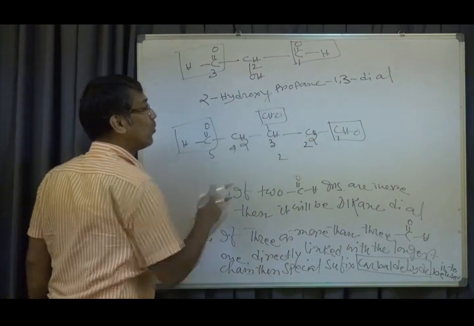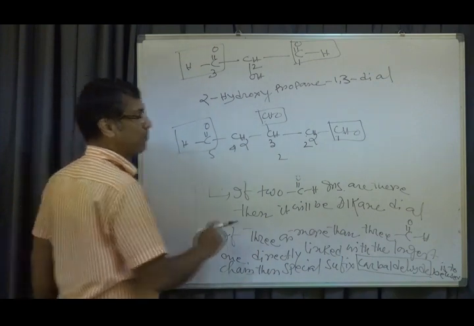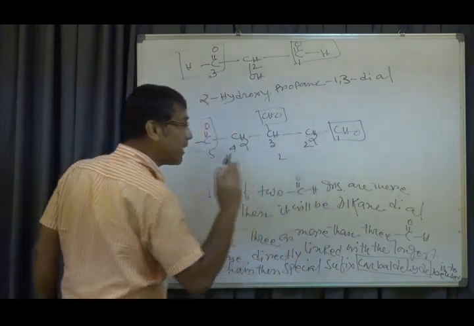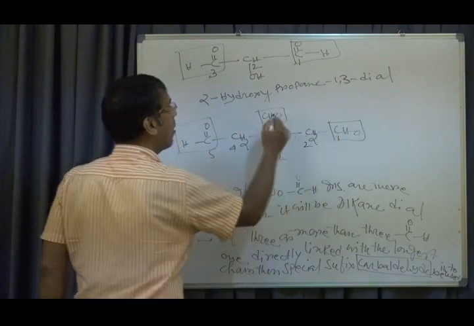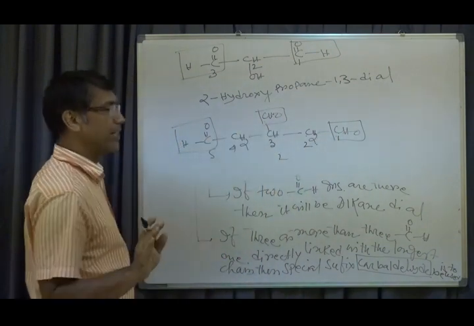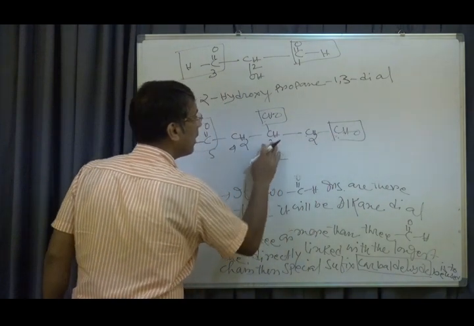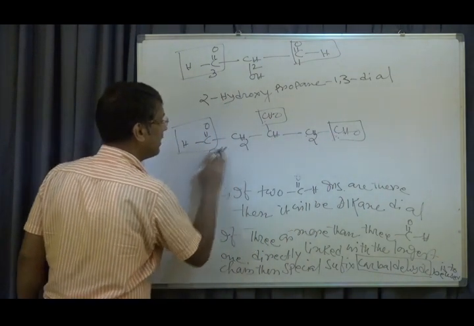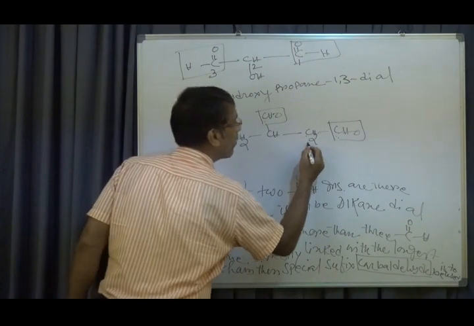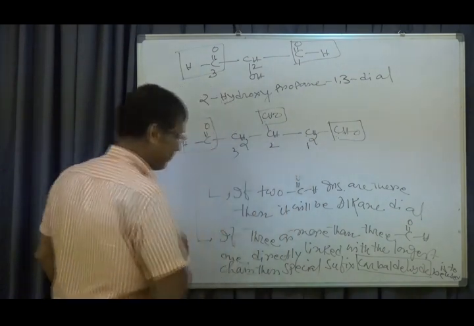So to overcome this problem, none of them are in the longest chain, and numbering is started from here, 1, 2, 3.